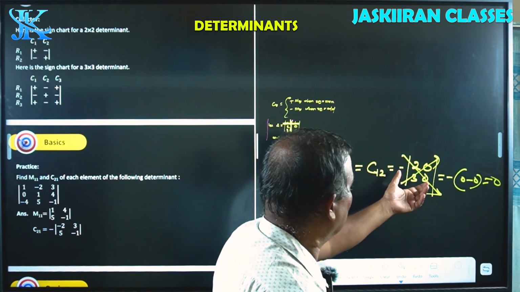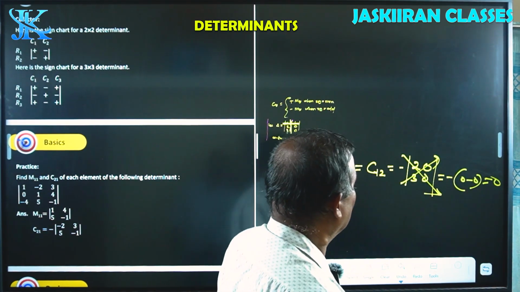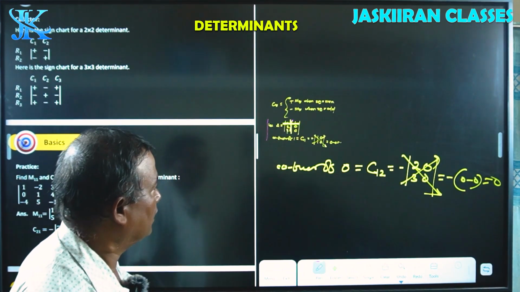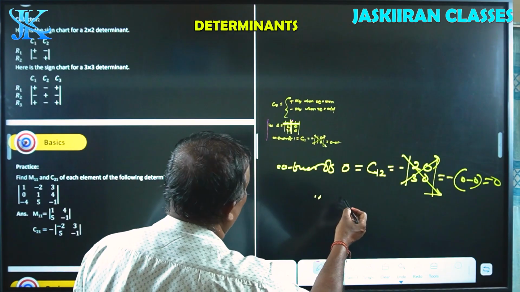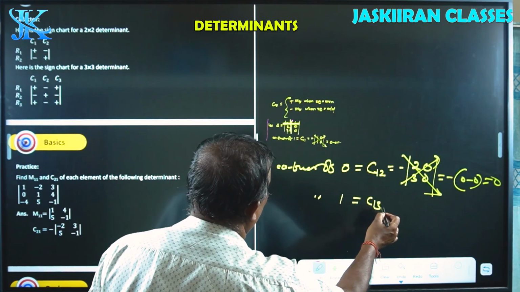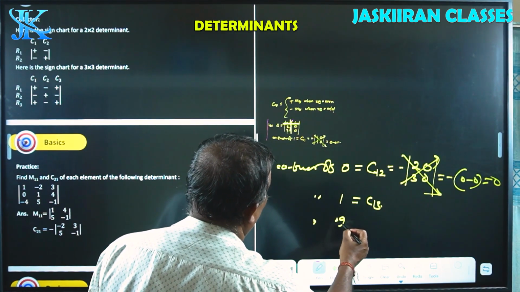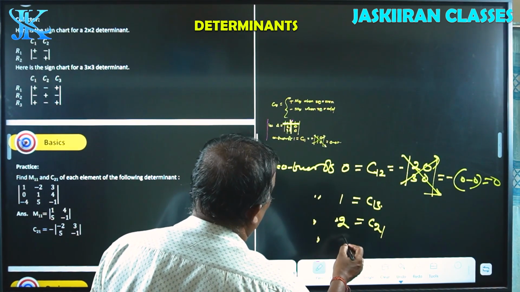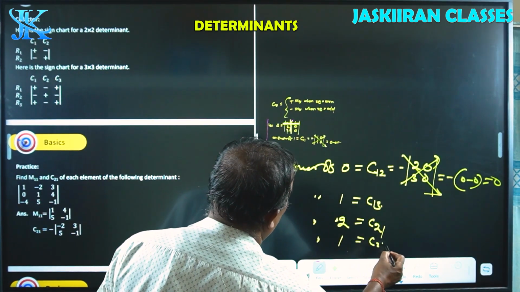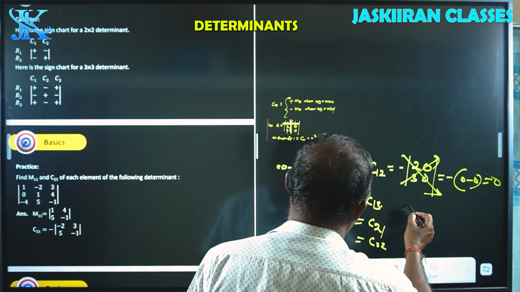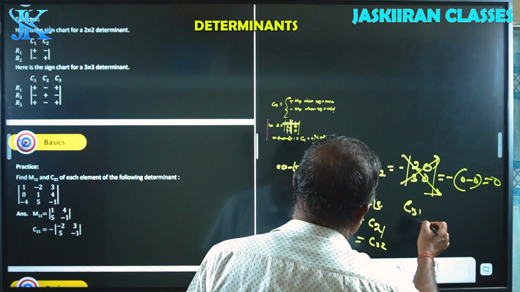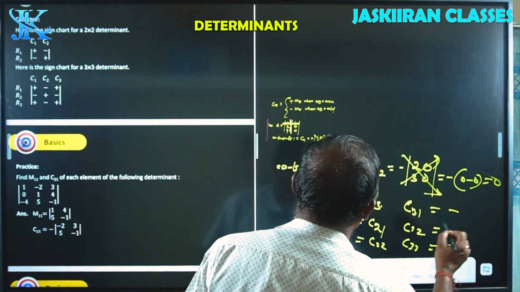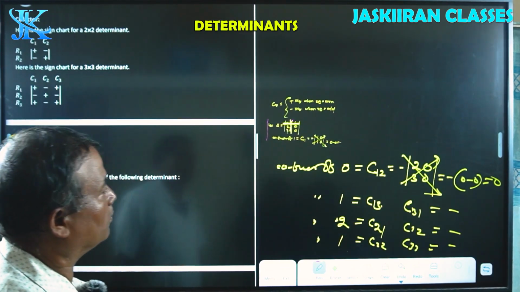If you get any element, then the negative sign is multiplied. Then when it is 0, the minus is automatically omitted. So similarly, we get the cofactor of 1 equal to C13, and the cofactor of 4, C21, and also the cofactor of 1, C22, and also the cofactor of C31, and then C32. That is the minor and cofactor of the determinant.